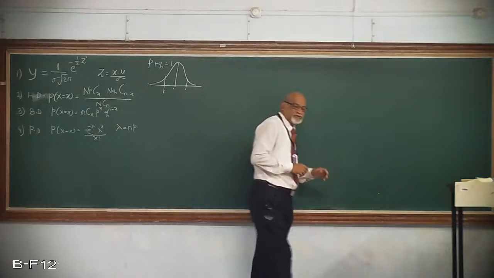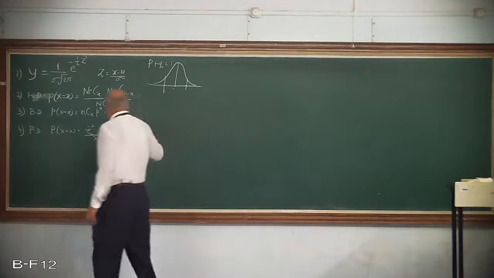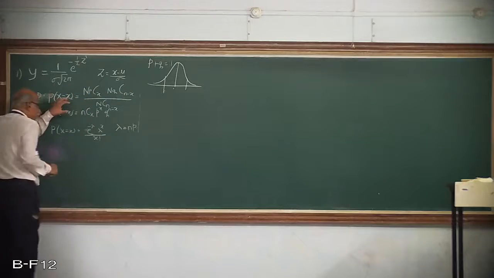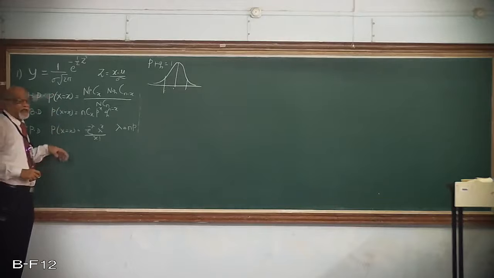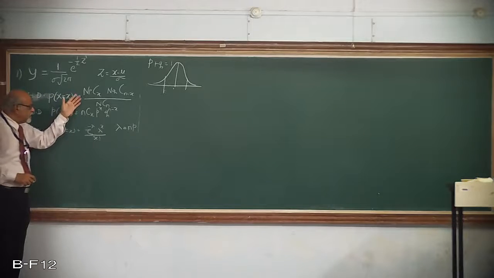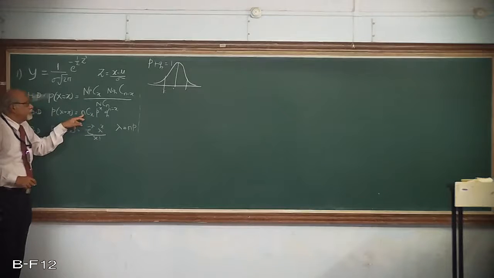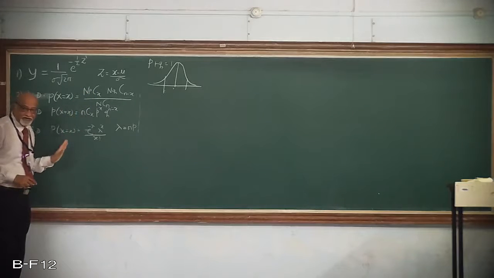Then these three things can be applied, because these are used for attribute type of characteristics. That is what I told you. X number of defectives in a sample of n. X number of defectives in a total number of defectives in the lot, like that.